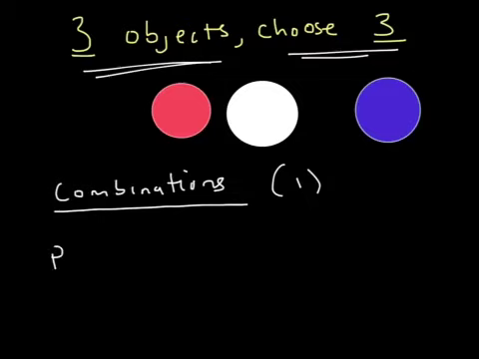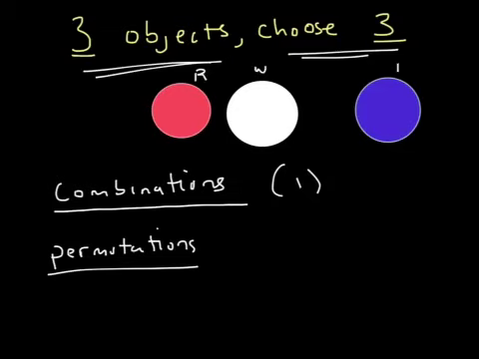But what about permutations? So let's get started. One potentially easy way for us to think about this is, instead of just moving all of these objects around, which we can, it might be simpler for us to say, let's call this red, white, and blue.